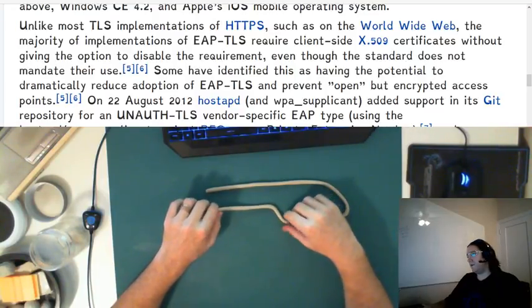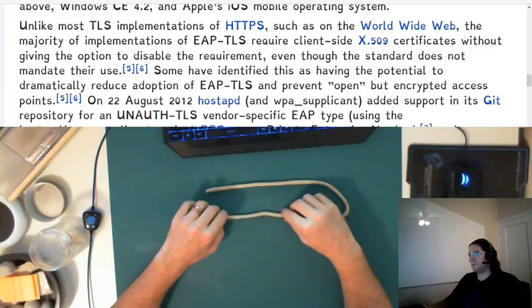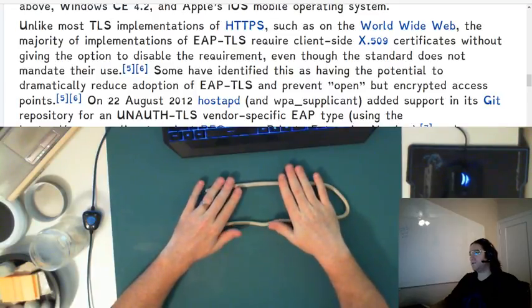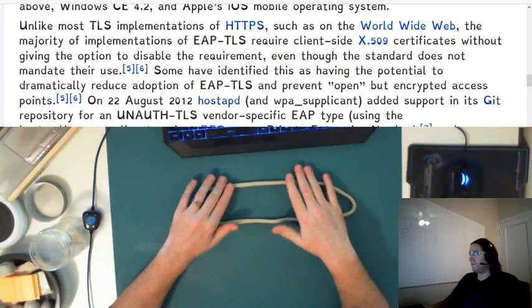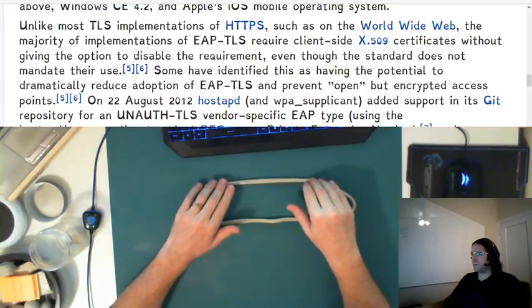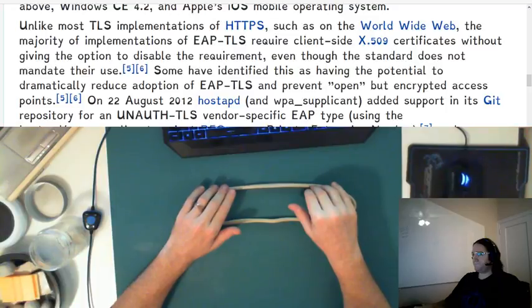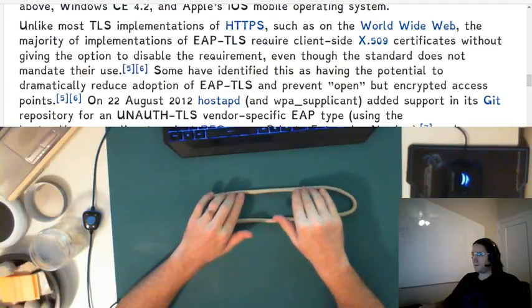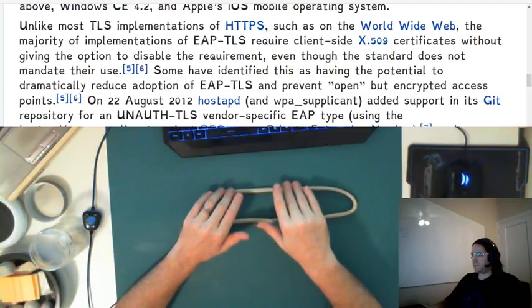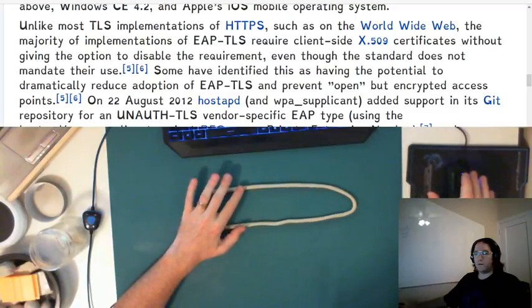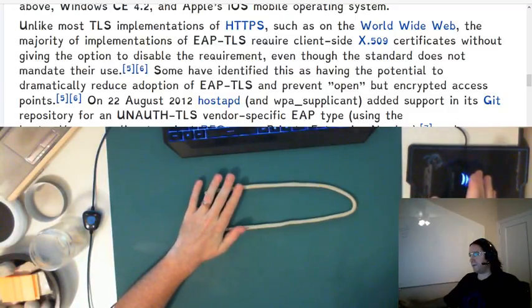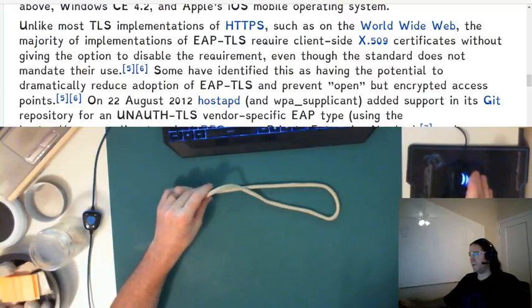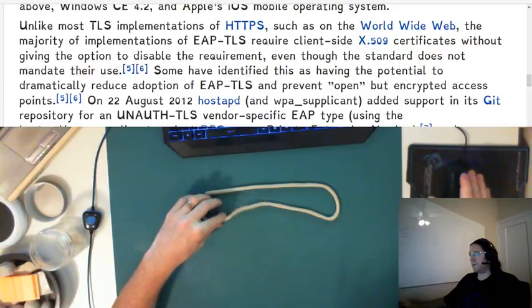Some have identified this as having the potential to dramatically reduce adoption of EAP-TLS and prevent open but encrypted access points.